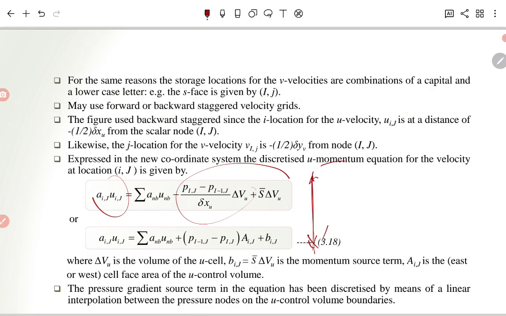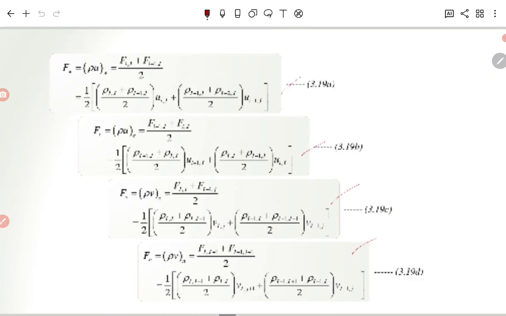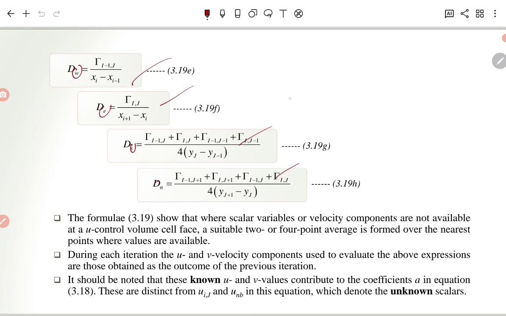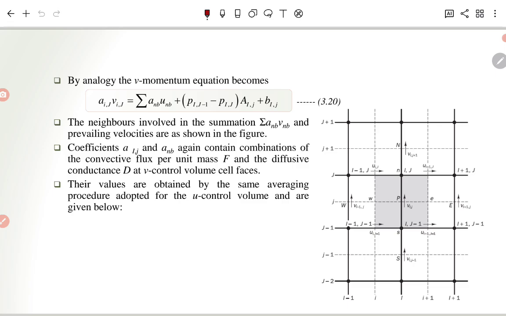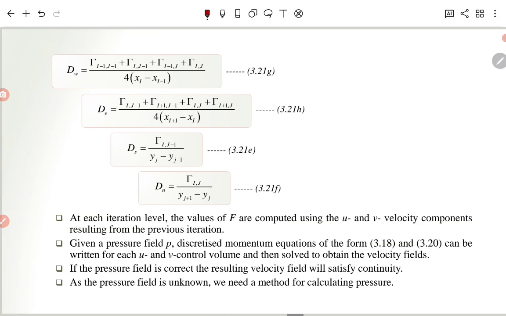So we write down all the convection and diffusion terms at each face of this control volume. This is in the x direction, and for the y direction, the V momentum equation, we use a similar approach, and in the end we simplify all the equations in this form.